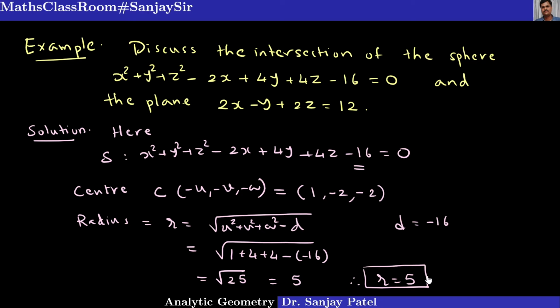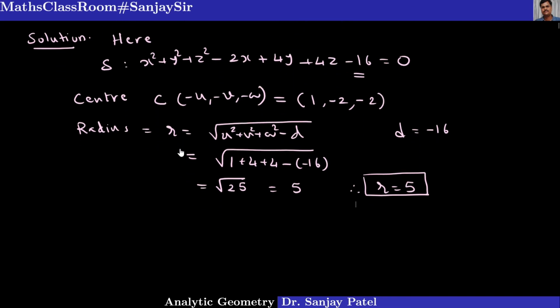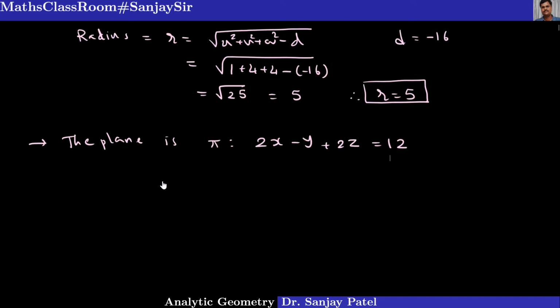Now we are going to obtain the perpendicular distance. Here the equation of the plane is given by 2x minus y plus 2z is equal to 12. And I want to find the distance of the center of the sphere to this plane.